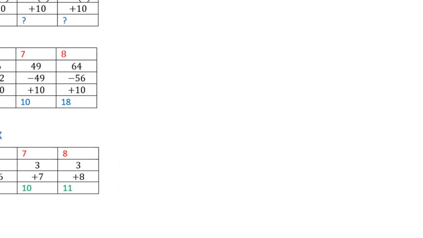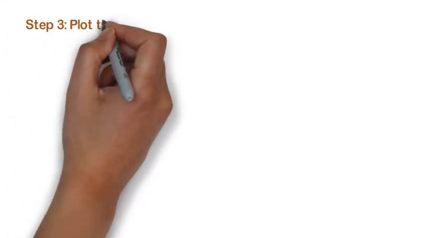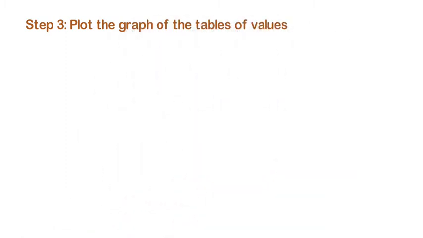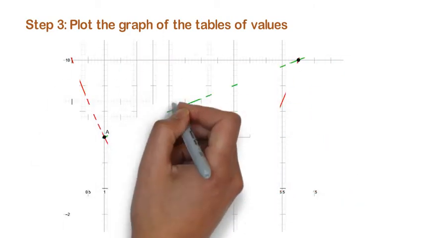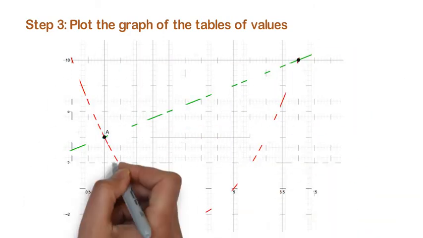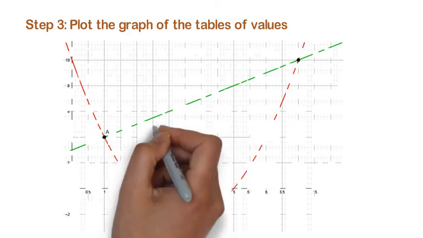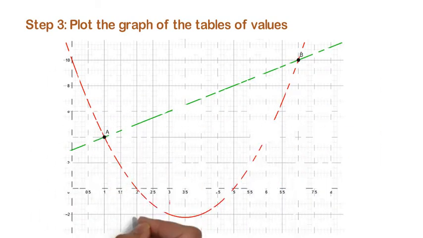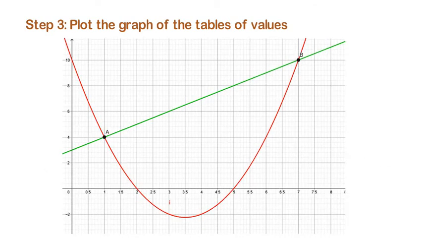Step 3. Plot the graph of the table of values. You have to make adequate use of your graph sheet to know how to get your scaling, your y-axis and your x-axis. I refer you back to plotting of quadratic graphs. So your graph is what you see on the screen. Then step 4, locate the coordinates.